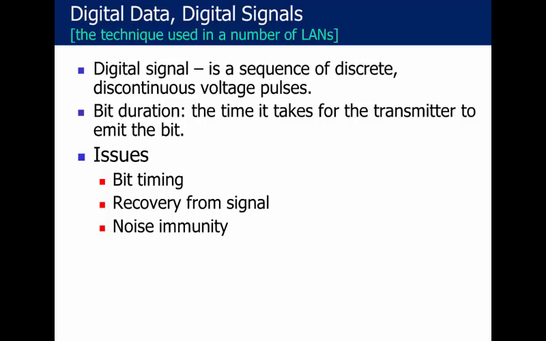So today we're going to look at digital data over digital signals. A digital signal is a sequence of discrete, discontinuous voltage pulses. It is a pulse, like a step function, right? A pulse is usually a step function. So we have a pulse like this.